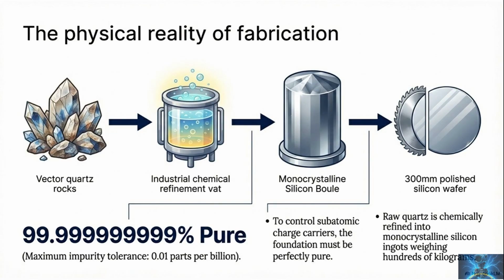The purity requirement is extreme, about 99.99999% pure. The maximum impurity tolerance shown here is 0.01 parts per billion, which is basically one speck ruins your day. The point is simple. To control subatomic charge carriers, the starting material must be unbelievably clean.